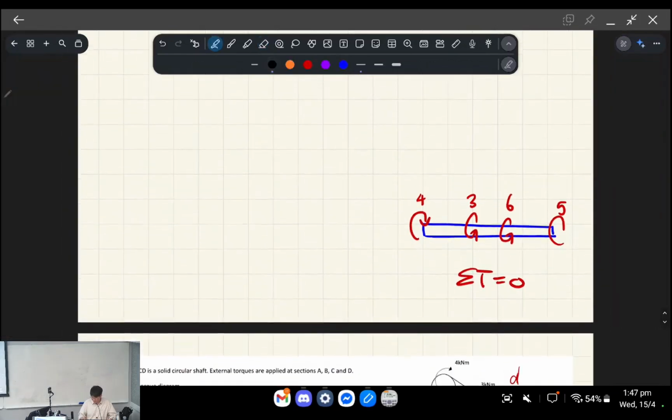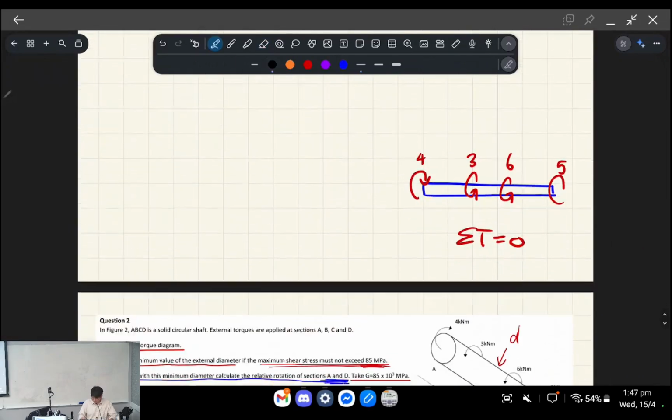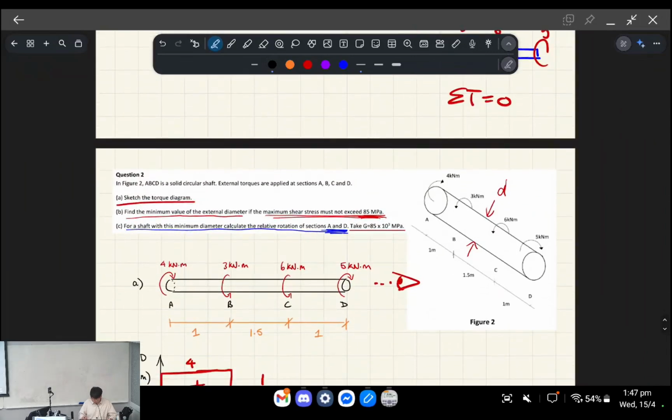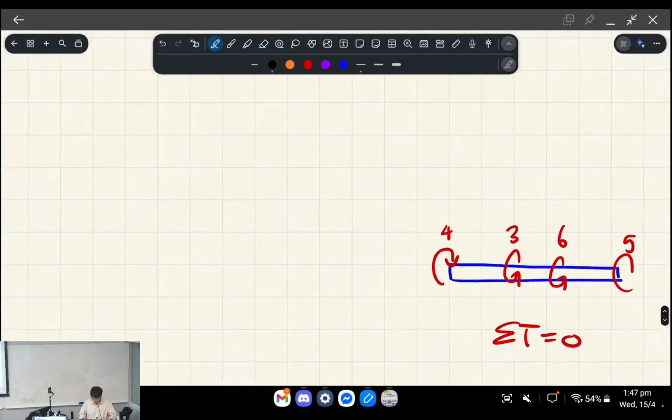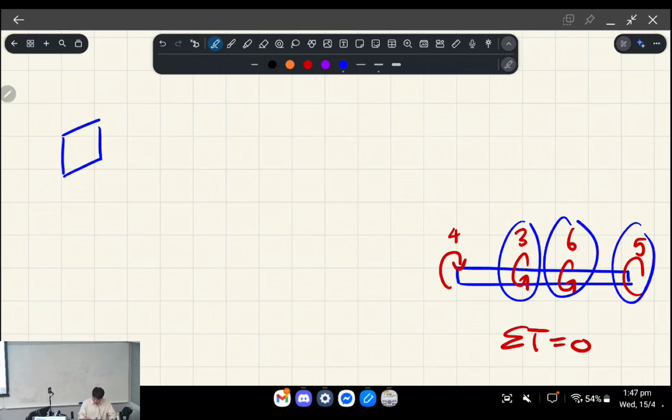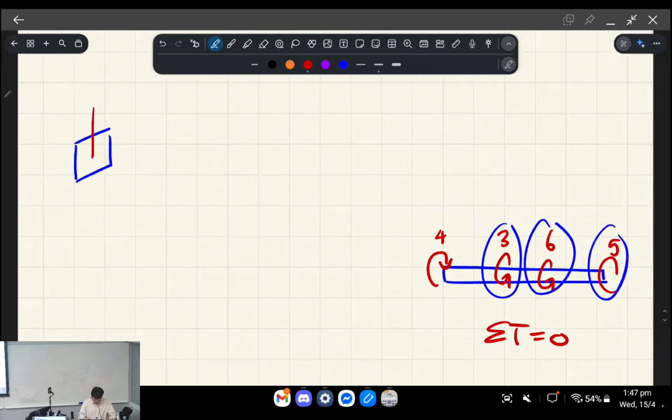So the idea is that for this floating rod, again, it's easier to visualize the twist if I do it as a square rather than as a circle. If I'm applying these kind of moments to it, and this is the reference point A.